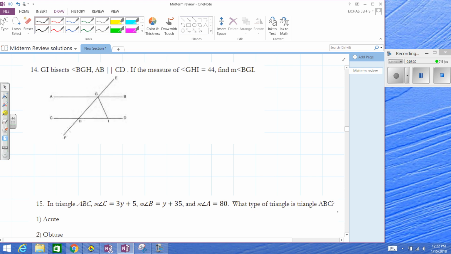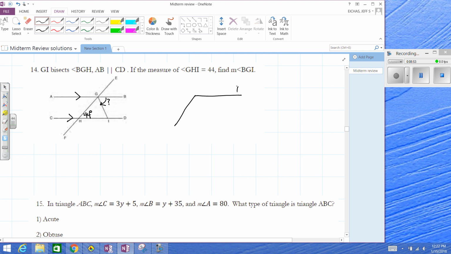All right, GI bisects angle BGH, and AB is parallel to CD. GHI is 44. Okay. Find the measure of BGI. They want this. Okay. BGH is bisected. So let's try to break this problem down.